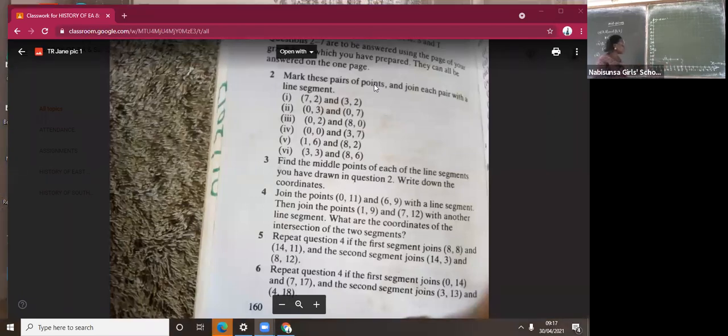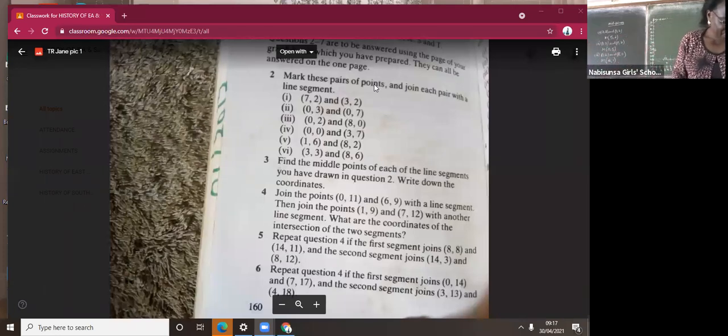What are the coordinates of the midpoint? 4, 1. Thank you very much. So we had (2, 0) and (8, 0). The midpoint has coordinates (4, 1).